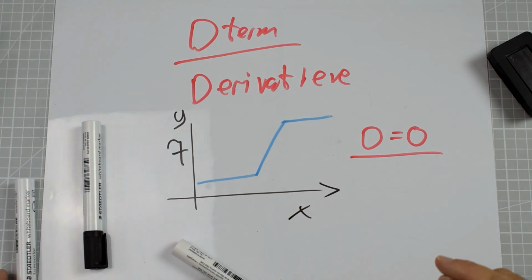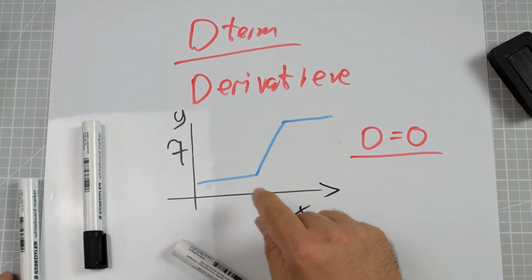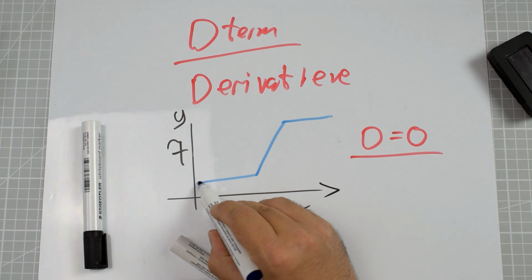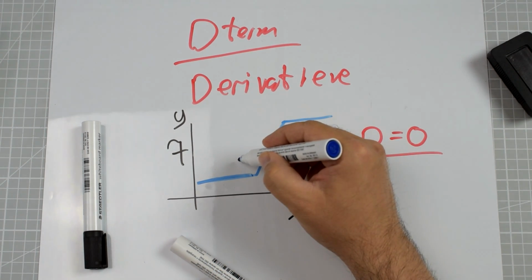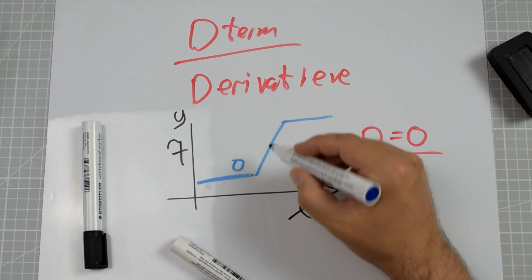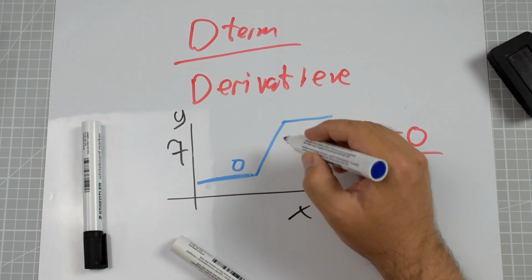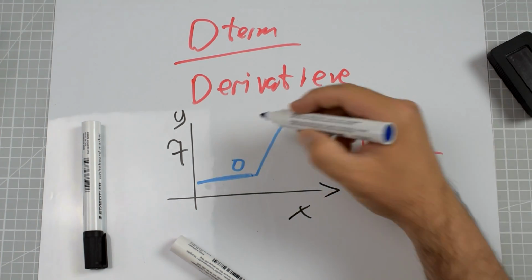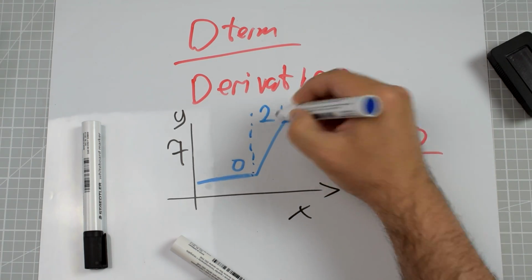Here is another interesting aspect of the derivative. Derivative can be computed at a point. So, for example, in this place, because the line is flat, the momentary derivative is equal to 0. Here, in the middle, when the signal is growing, what will be the value of the D? Somewhere between this point and this point, let's say it will be around 2.